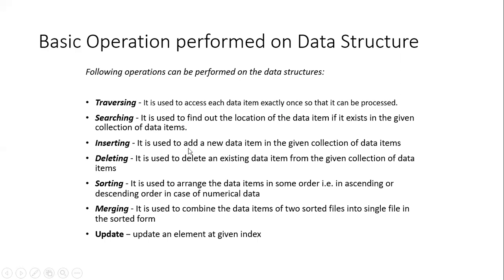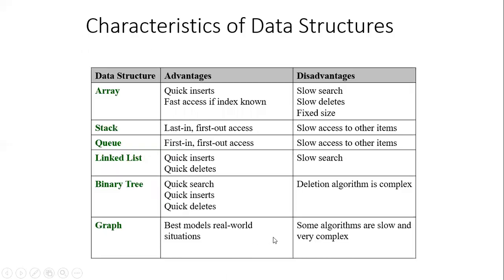Inserting is used to add a new data item to the given collection of data items. Deleting is used to delete an existing data item from the given collection of data. Sorting is used to arrange the data items in some order, ascending or descending. Merging is used to combine the data items of two sorted files into a single sorted form. Update means updating an element at a given index.